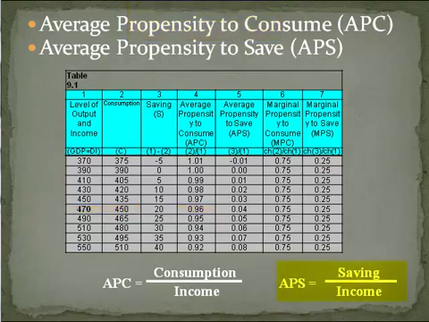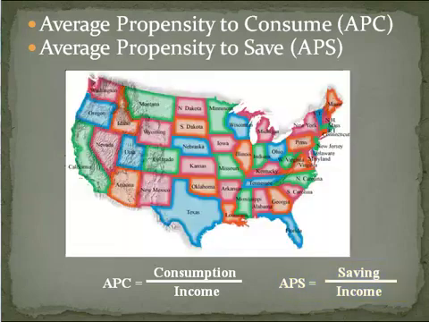And your average propensity to save would be $20 billion divided by $470 billion, which would be 4%. The importance of these formulas and this data is that it shows the average propensity to save and consume for everybody in the United States.